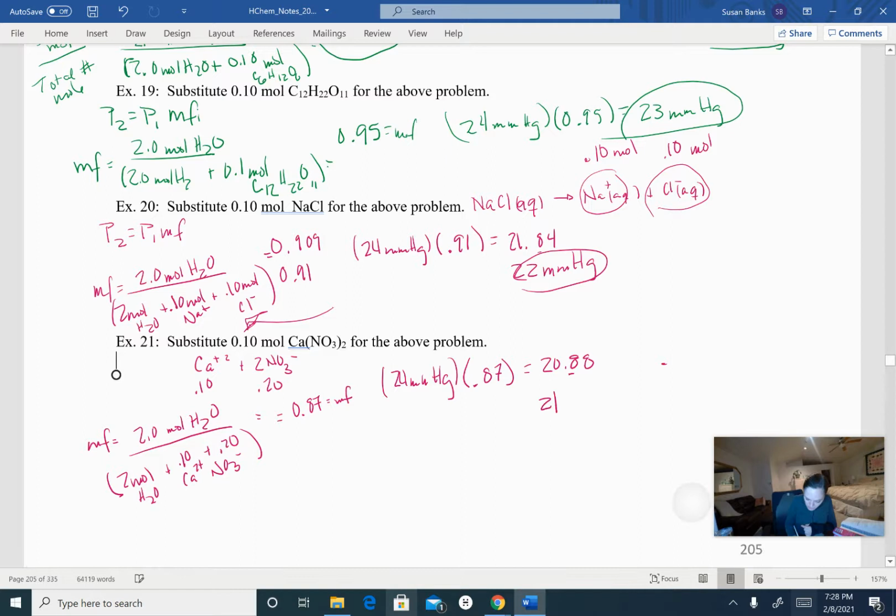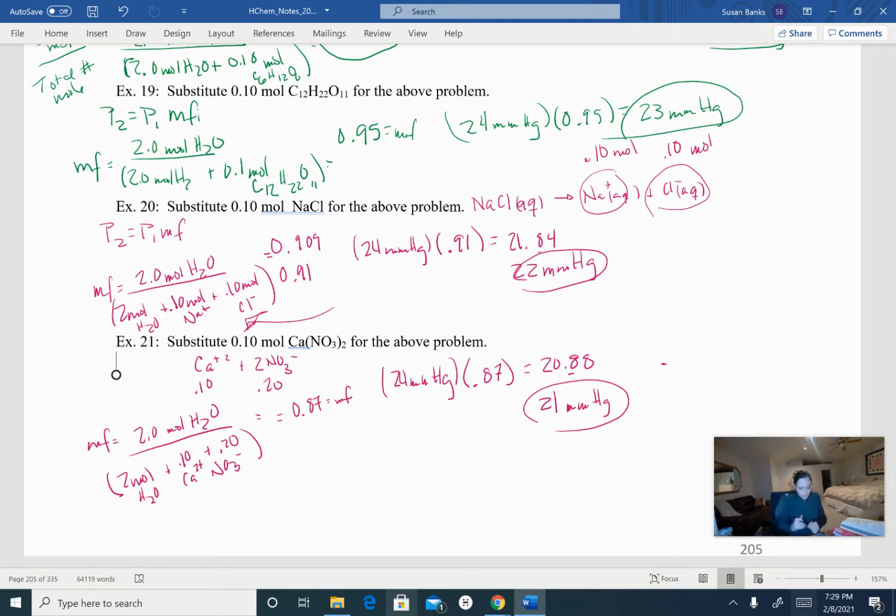So I would report this as 21 millimeters of mercury for my pressure. Notice the more particles, it doesn't matter what type of particles, but just the more particles, the lower that pressure becomes, because the more that surface area is taken up with the solute particles and the solvent can't evaporate.